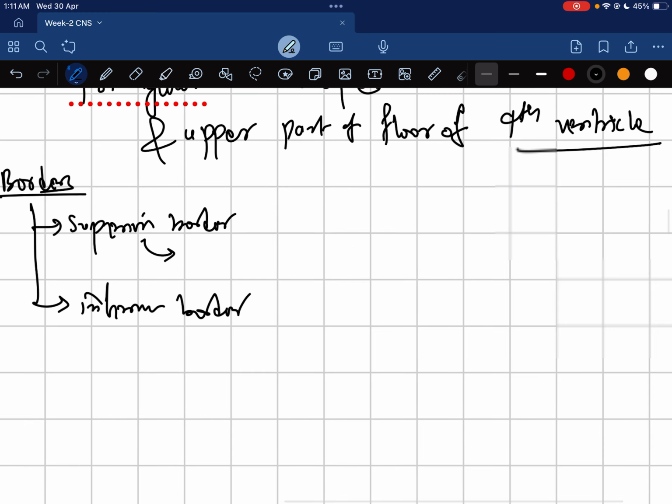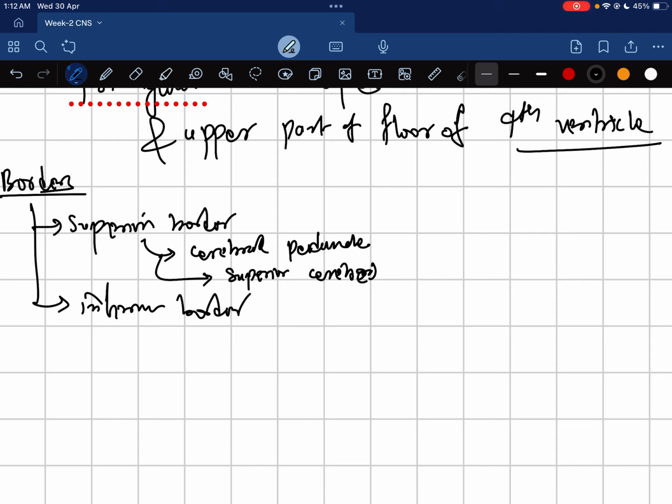In the superior border, there is the cerebral peduncle, and attached to this border, the superior cerebellar arteries curve along this border, intervening between the oculomotor and trochlear nerves.